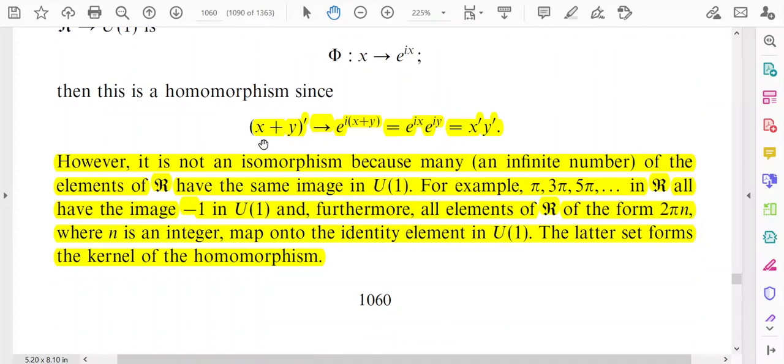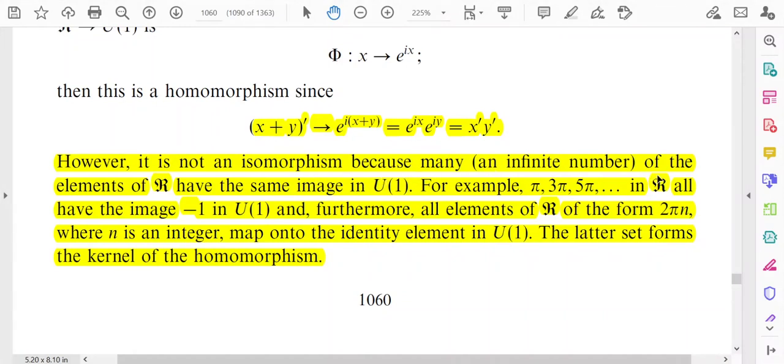But this condition, that is (x plus y) prime is equal to x prime y prime, is the condition of homomorphism. So these two groups have a homomorphism. However, it is not an isomorphism. Why is it not an isomorphism?